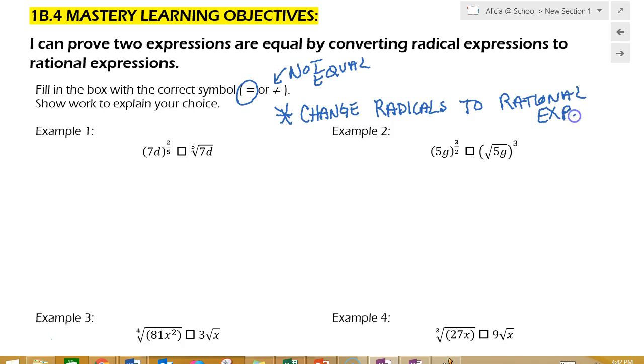Anything that has a radical is the side you want to change, converting it to look like something that has a rational exponent.